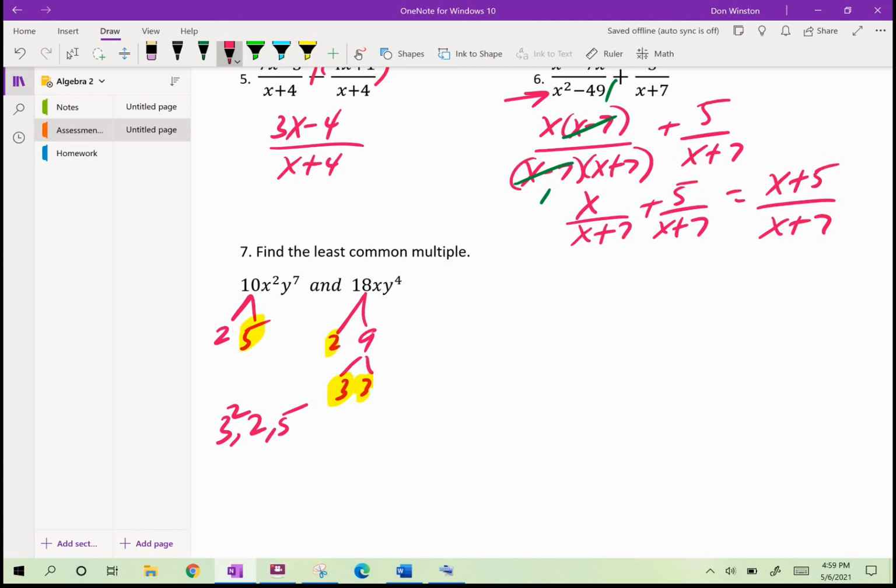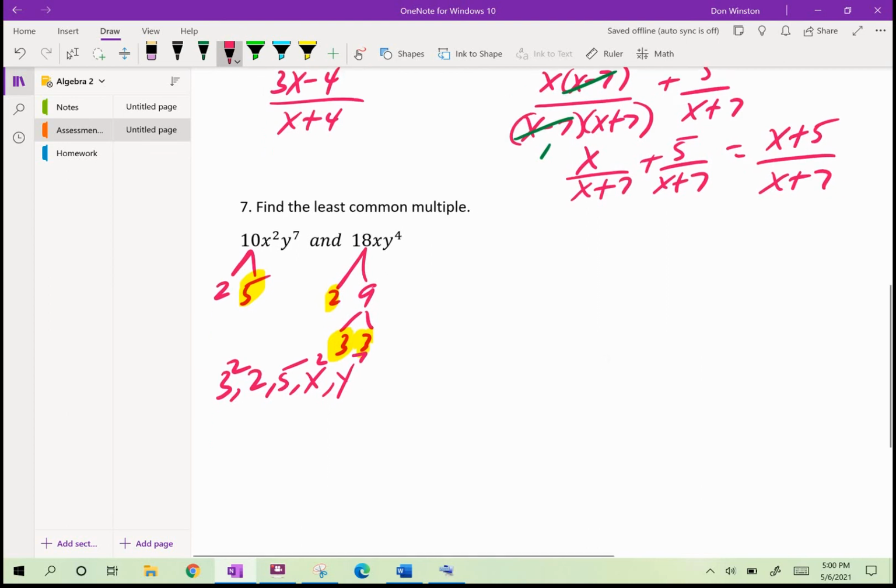And then I'll need, let's see here, x squared is larger than x, so I'll have my x squared. And then y to the 7th is larger than y to the 4th, so I'll have y to the 7th. So x squared, y to the 7th.